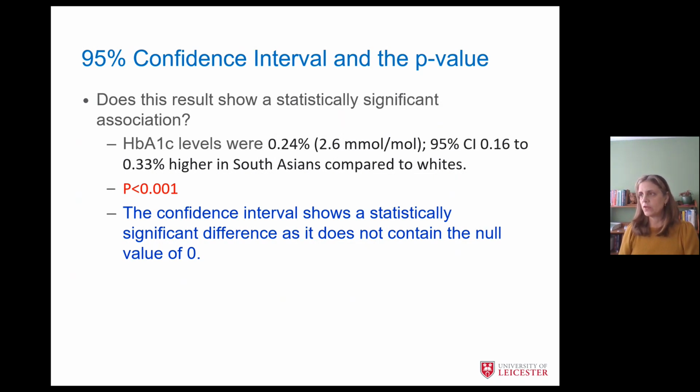And the confidence interval shows a statistically significant difference in HbA1c levels between South Asians and whites, as it doesn't contain the null value of 0. And the p-value agrees because it's really small. It's a lot smaller than 0.05. So both by looking at the confidence interval and the p-value, you would conclude that there's a statistically significant association between ethnicity and HbA1c levels.